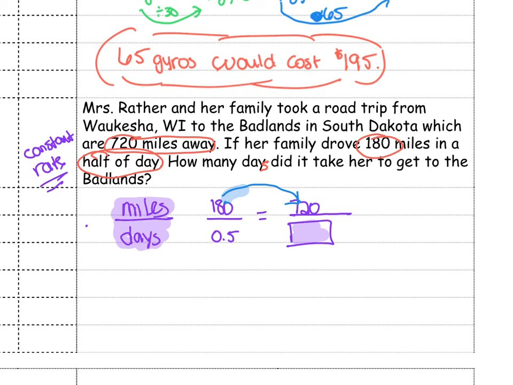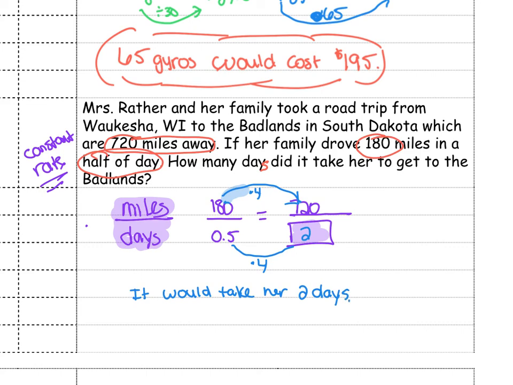But I also know that 180 times 4 is 720. So that means I would have to multiply this by 4. 1/2 times 4 is 2. So it would take her 2 days.